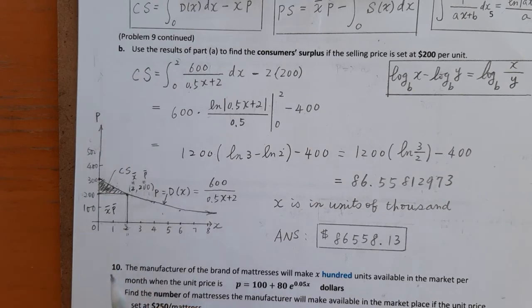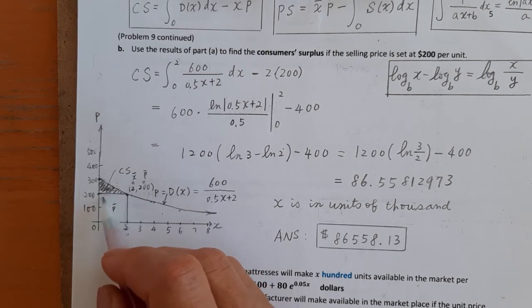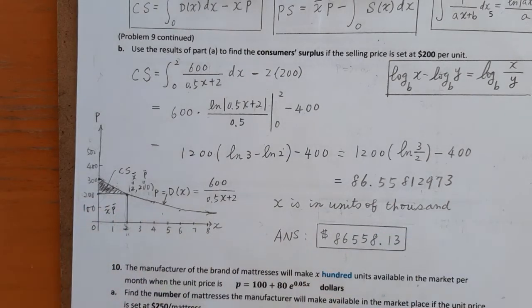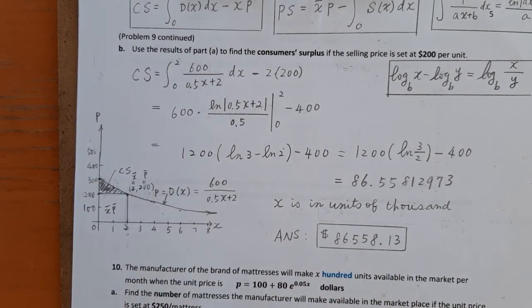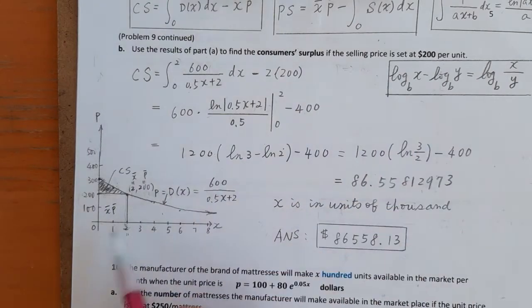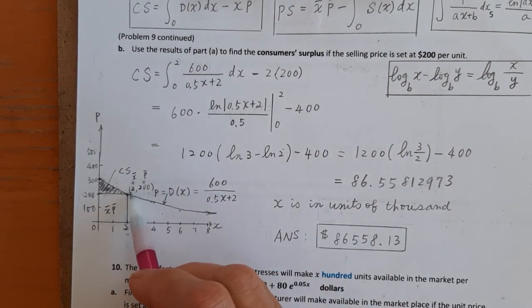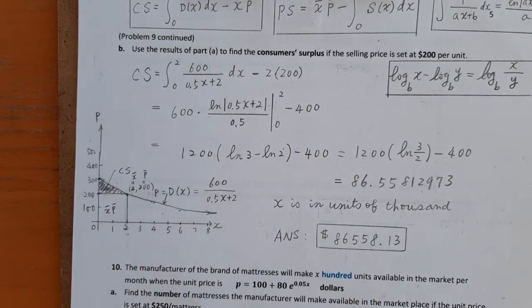So consumer surplus is this higher part minus the normal selling part, the market selling part. The selling price is $200. The sale is 2,000, X equals 2.